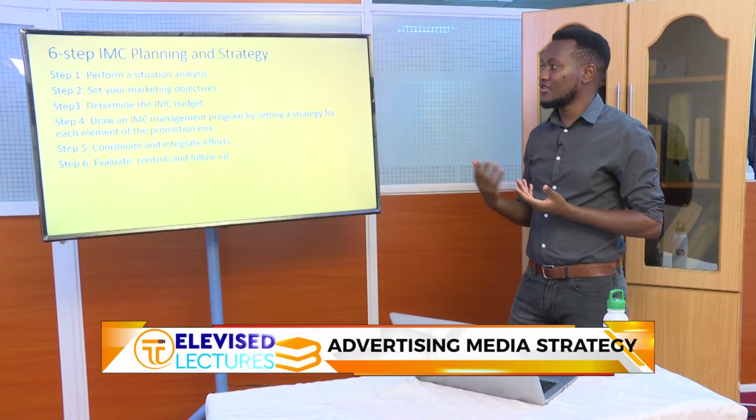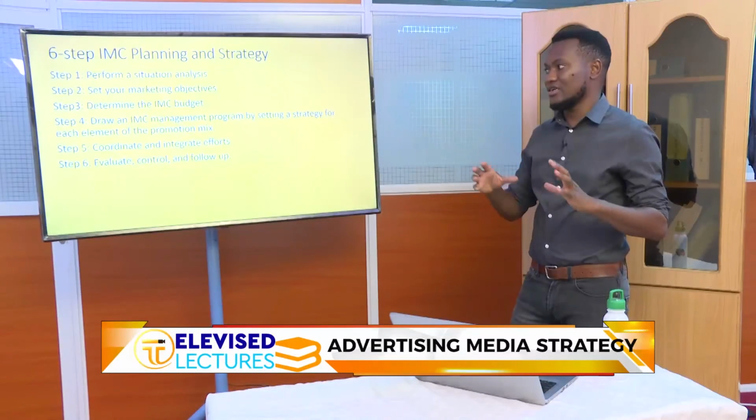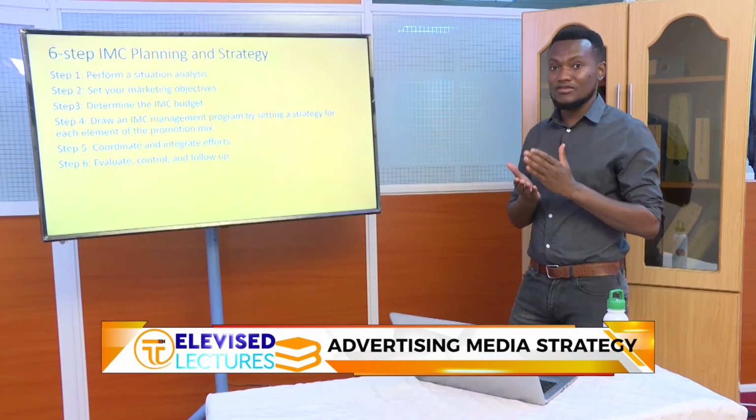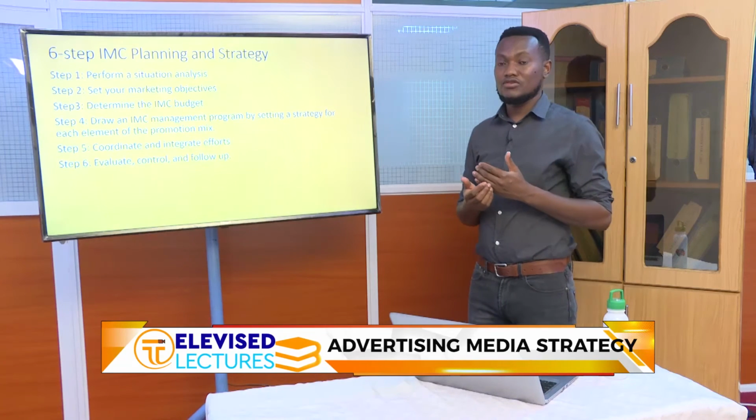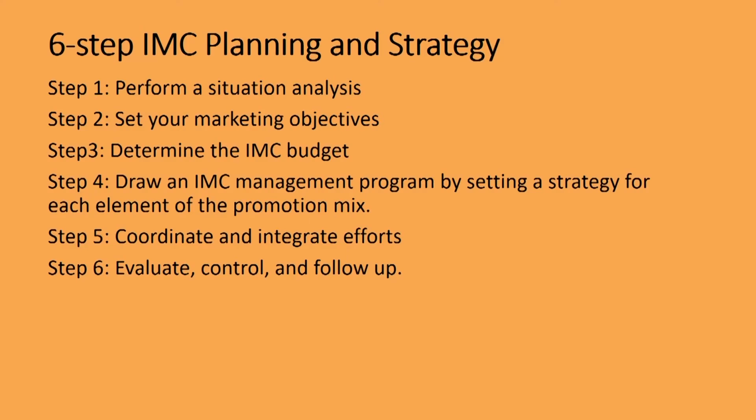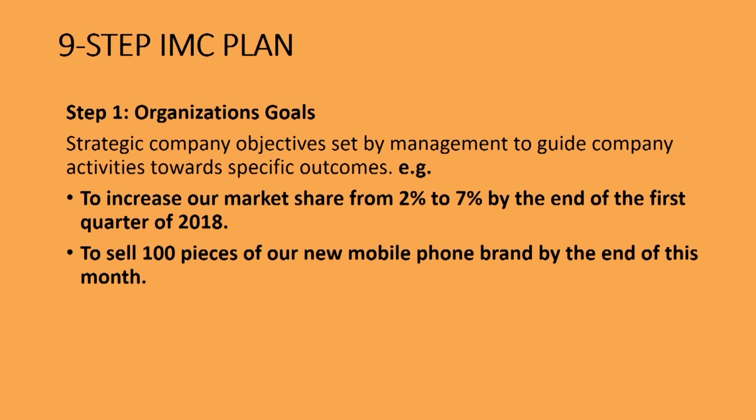Then once you have this promotional mix, you coordinate and integrate so that everything is synchronized or falls into line. And then after that, the final step is similar to the 9-step one, where you evaluate, you control, and you follow up.